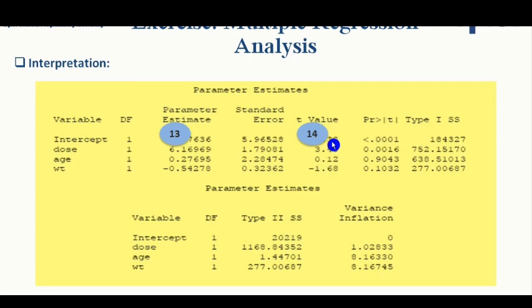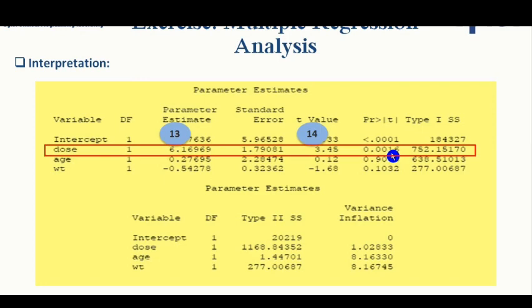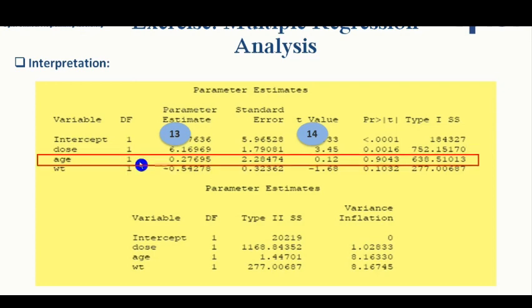And the T statistic establishes the significance or non-significance of the respective variables. Here you get 0.0016, so dose is very significant. I am comparing it with 0.05. Since it is far less than 0.05, dose is very significant, and obviously it has to be for the response variable. For age, the p-value is 0.9043, greater than 0.05, so it is not at all significant.